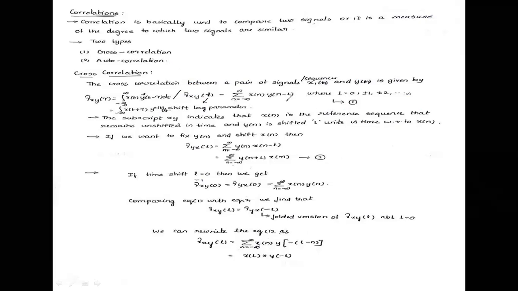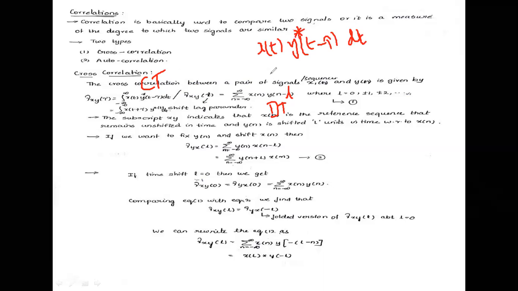Here they are taken as discrete. In terms of the continuous, the integral is used, and for the discrete, the sum is used. Also, I told that it is x of t, y of t minus tau, not d tau, it is dt.